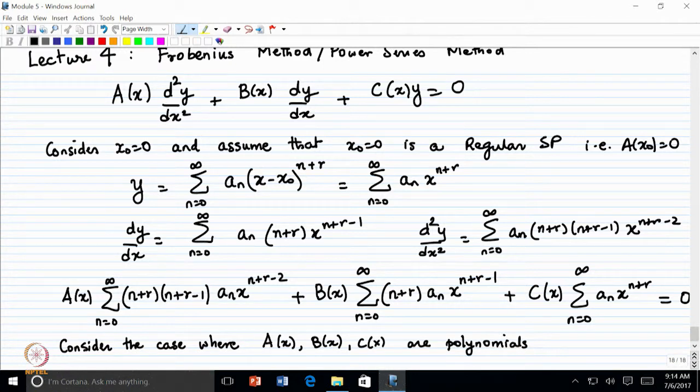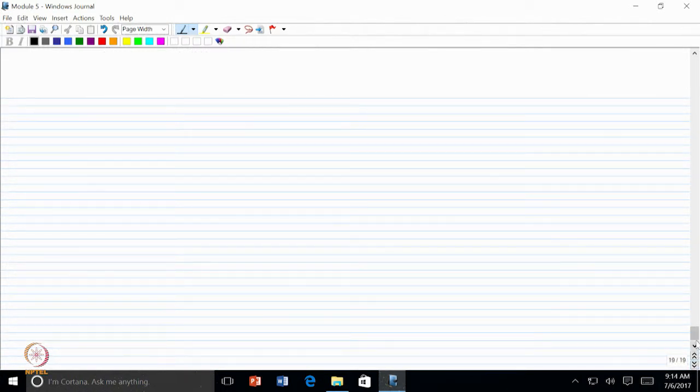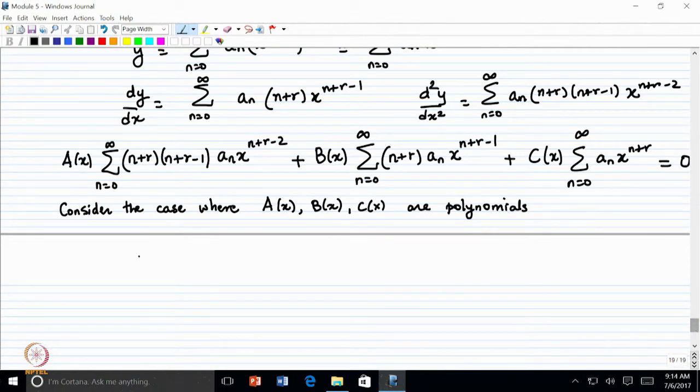So, it could be like x square, 1 minus x square, x cube, and so on, or x square plus x plus 1, or some such thing. Just for simplicity, let us consider the case where these are polynomials. I should emphasize that it is not a problem if they are not polynomials.